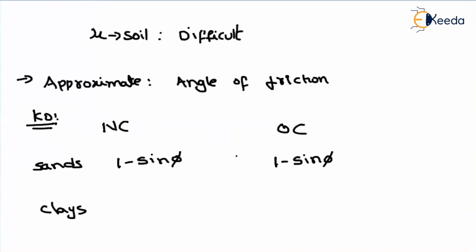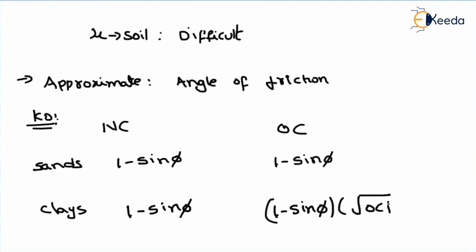And what about in clays? Even if it is a normally consolidated clay, the value will be the same, 1 minus sine phi. But in an over consolidated clay, the magnitude will be 1 minus sine phi times under the root OCR.